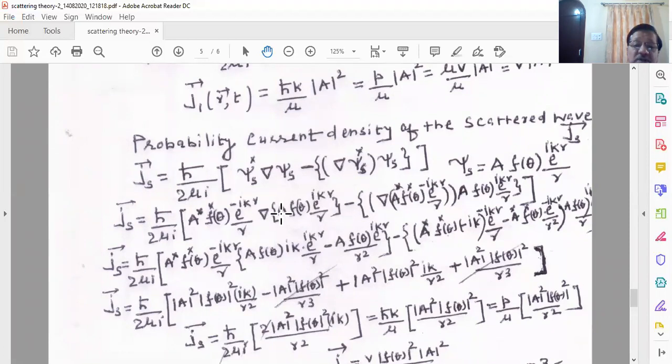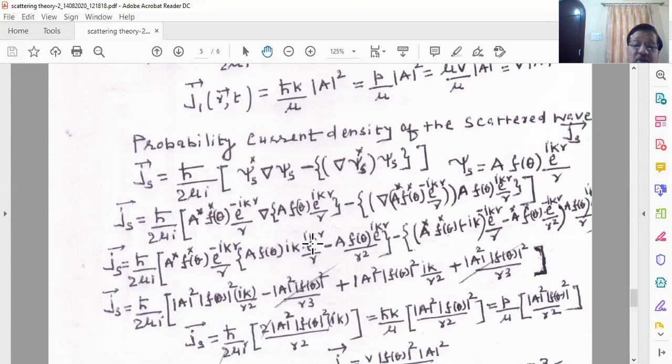A is constant, f(theta), then the differentiation of e to the power of i k r is i k times e to the power of i k r. So I'm keeping this factor, and 1 upon r is kept constant.